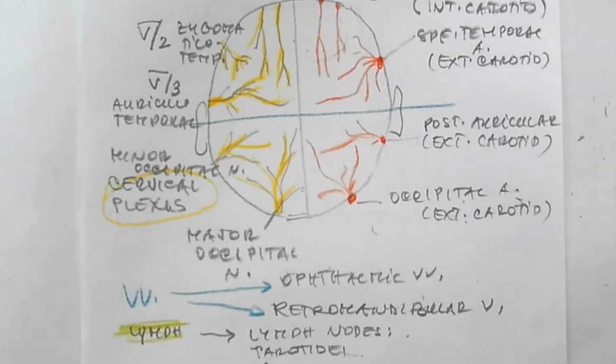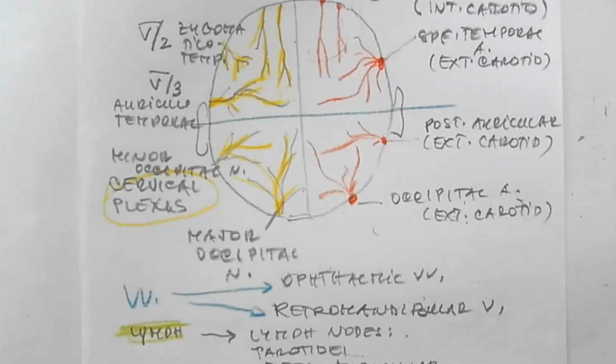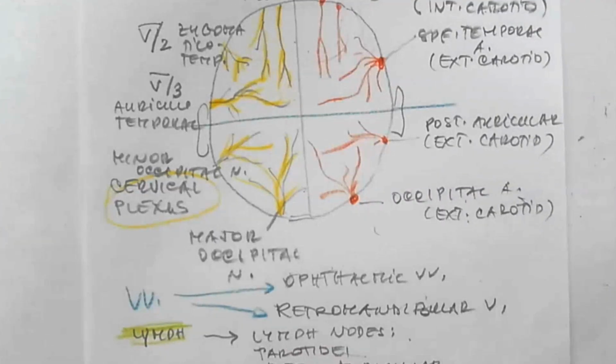Then the second group is situated behind the auricle, so retroauricular, but also suboccipital and cervical, and we could say occipital lymph nodes. So there are three areas where the lymph is drained. Now, this is the superficial view.